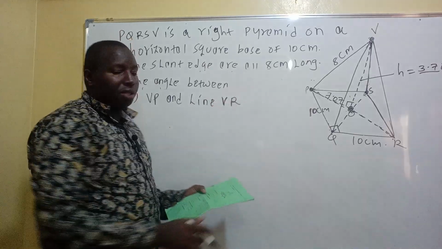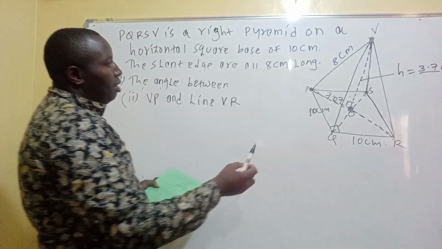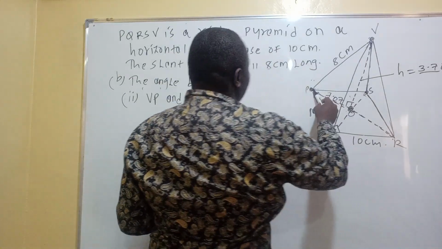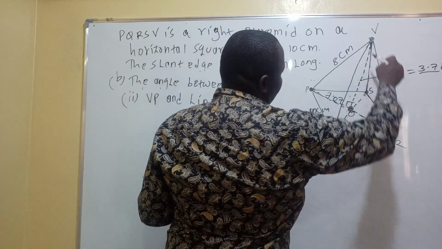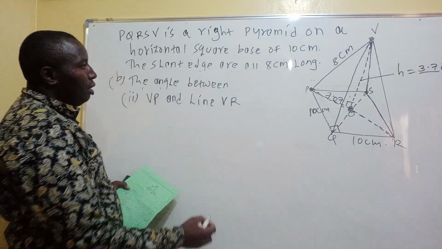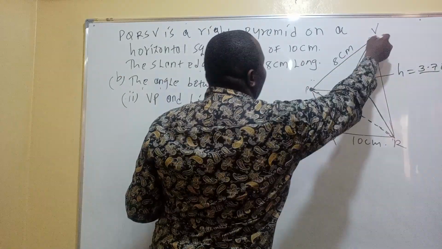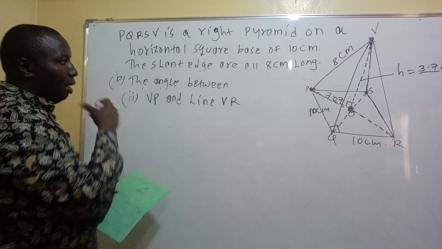The angle between two lines. You can see the angle that you require: VP and VR. That is angle PVR. That is the angle that you require.